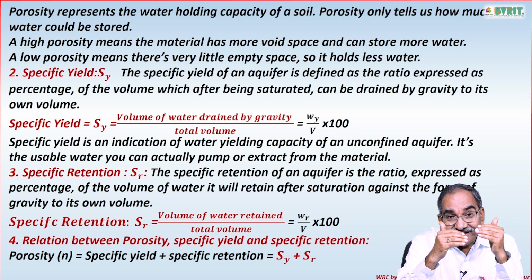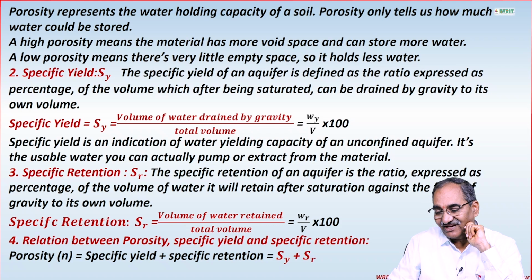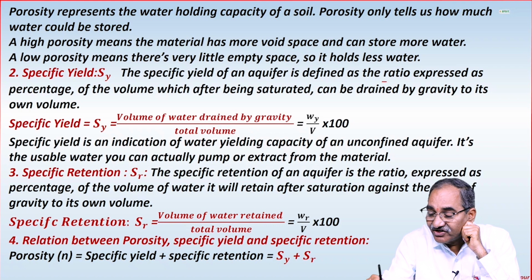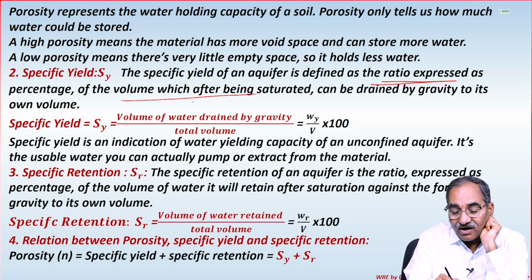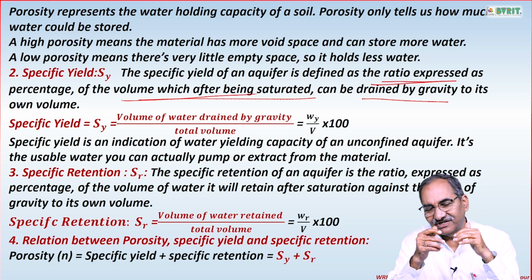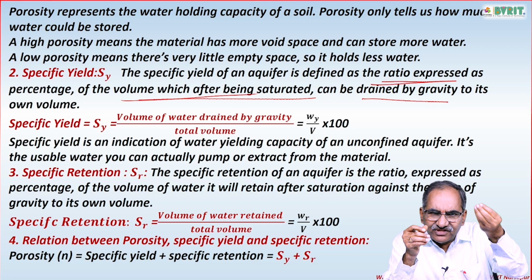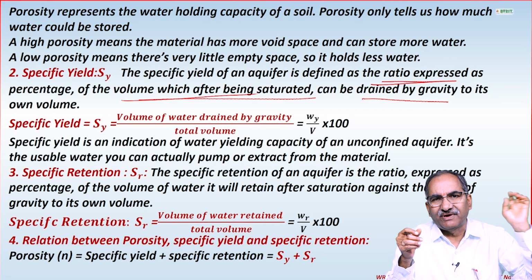Then what is specific yield actually? The specific yield of an aquifer is defined as the ratio, expressed as a percentage, of the volume of water which, after being saturated, can be drained by gravity.